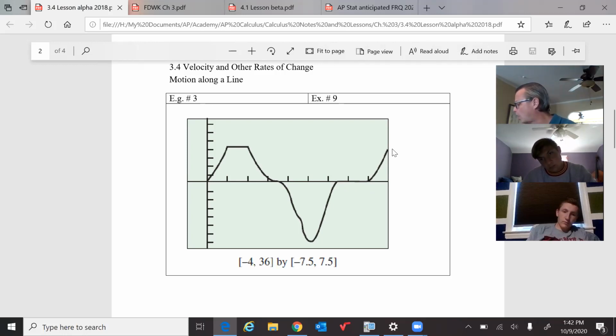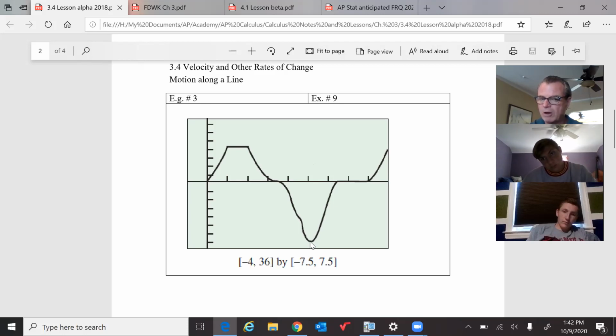So the questions are, describe her motion. When is the speed at a maximum? The speed, ready? If you wanted the speed graph, you would just take this part of the graph that's below the x-axis and reflect it over the x-axis. But the speed's maximized when this velocity graph has the greatest distance from the axis.